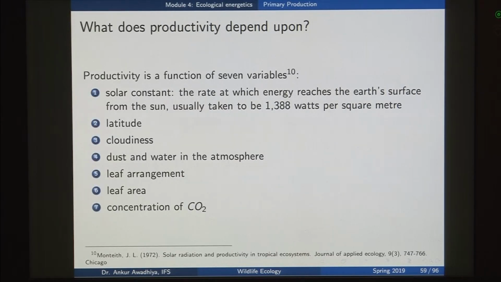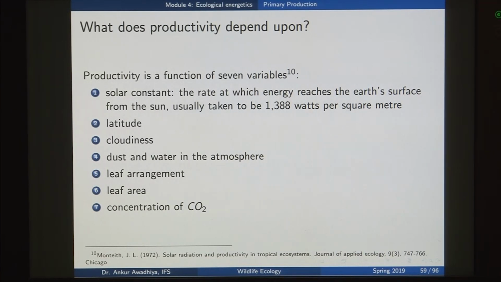So, now to recap, what does productivity depend on? Productivity depends on the solar constant, the rate at which energy reaches the earth's surface from the sun, and this is usually taken to be 1388 watts per square meter. So, this is the amount of energy that the sun is giving. Now, we know how much of that energy is photosynthetically active radiation.